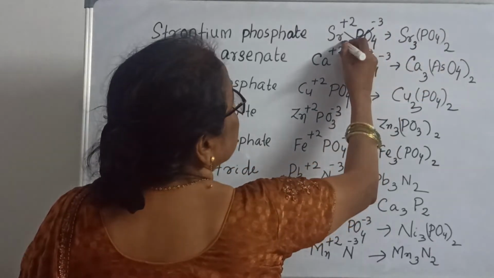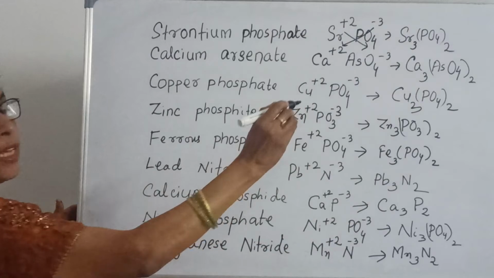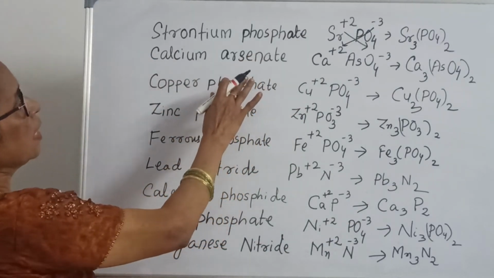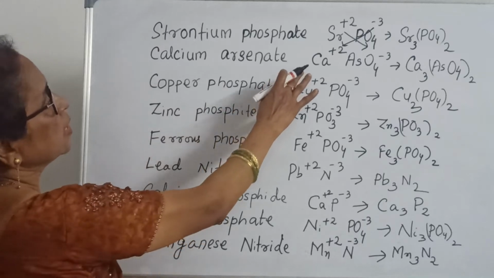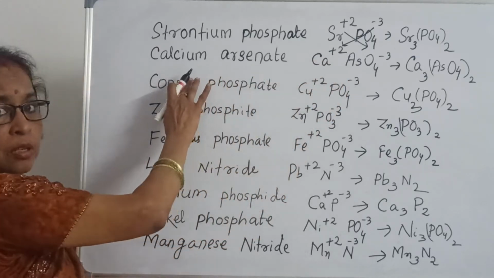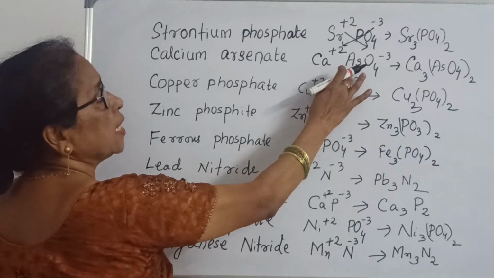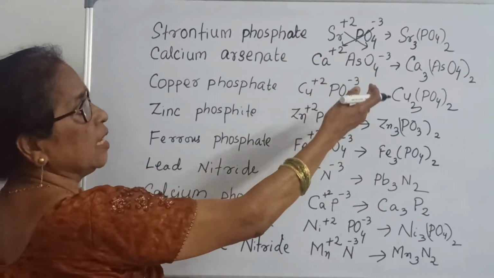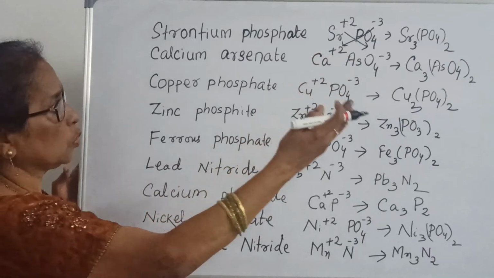That means it changes to Sr3(PO4)2. Calcium arsenate means Ca plus 2, you know, and arsenate AsO4 minus 3. So the answer is Ca3(AsO4)2.